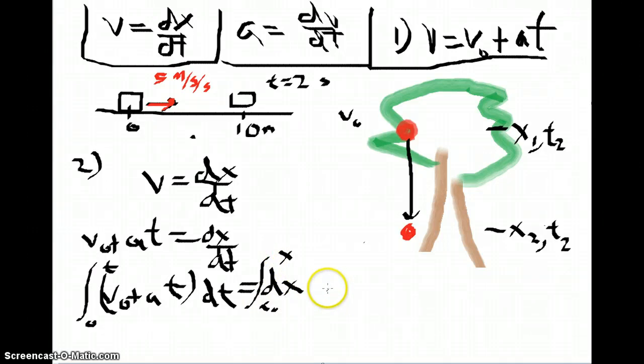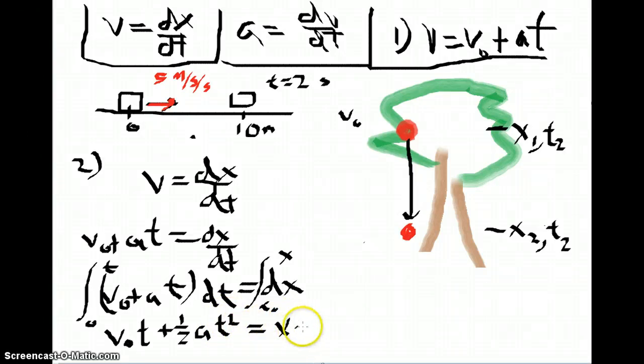Then we're going to get an equation, v naught t plus half a t squared is equal to x minus x naught. And that right there is your second equation of motion.